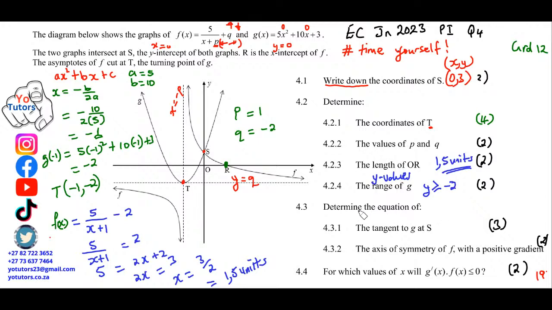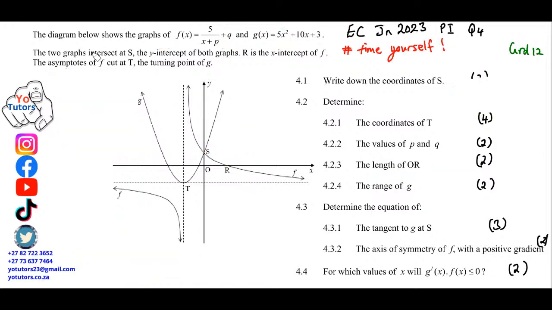Now let's move on to the next question. Determine the equation of the tangent to G at S. So let's use a fresh slide. Now here, tangent to G at S. When you're looking at the equation, it is going to be in the form y is equal to mx plus c, because the tangent is a straight line, and what we are told here is that the tangent is actually passing from there.